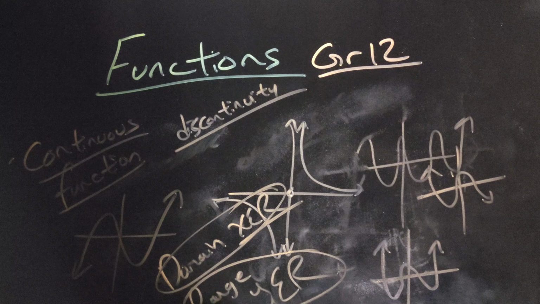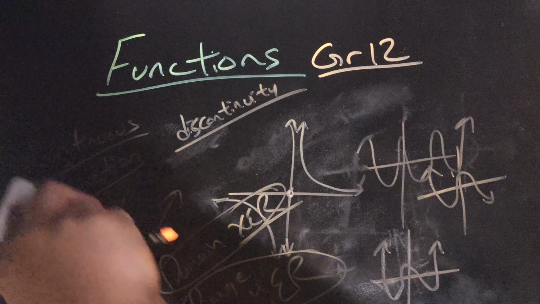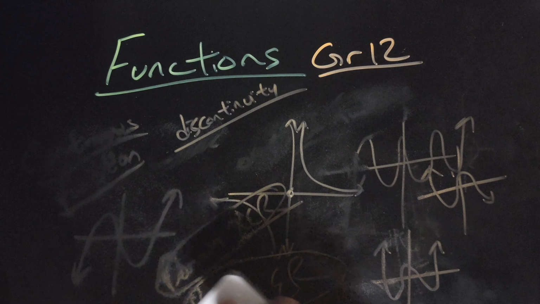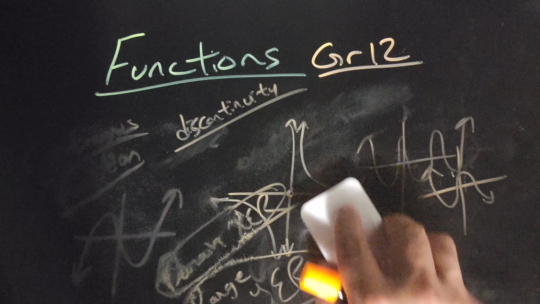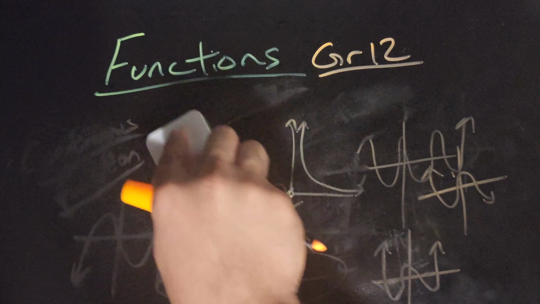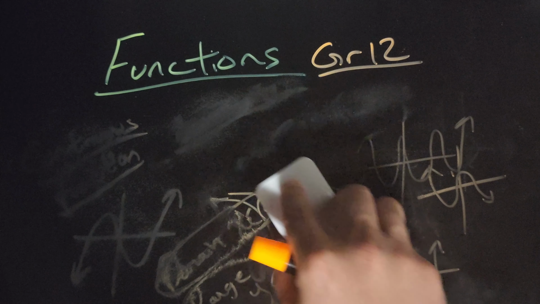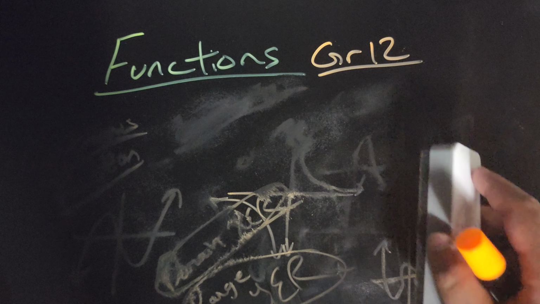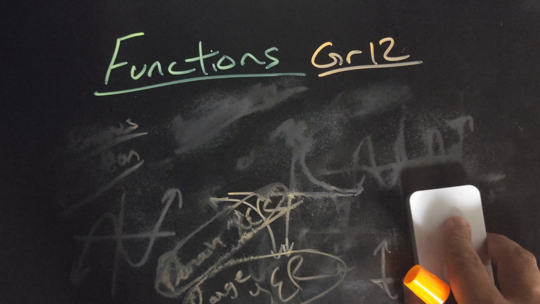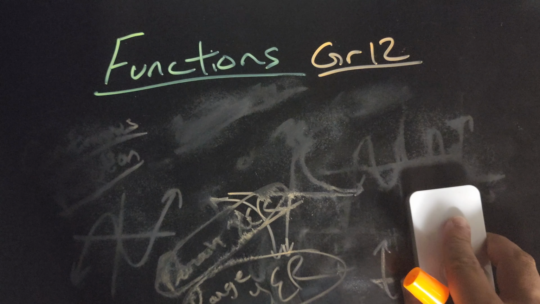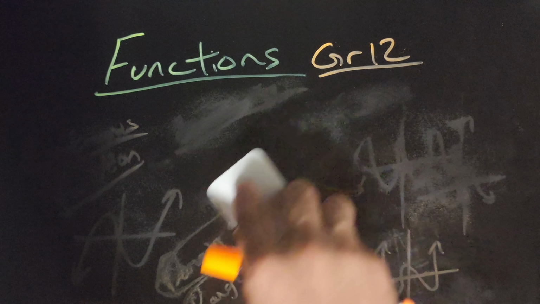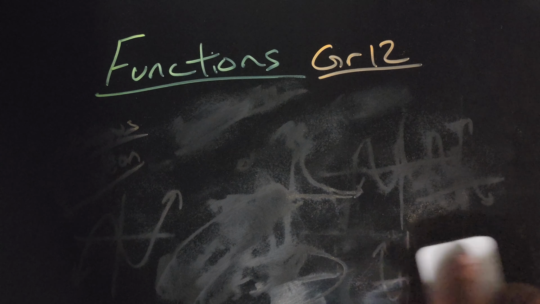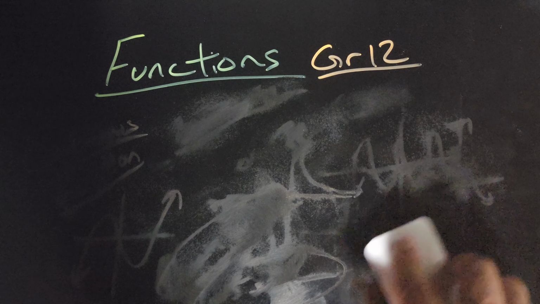If you need a refresher on how to map out graphs, there's tons of videos that I've already done sketching graphs of different types of functions. You can just go back there and see what you want to relearn.